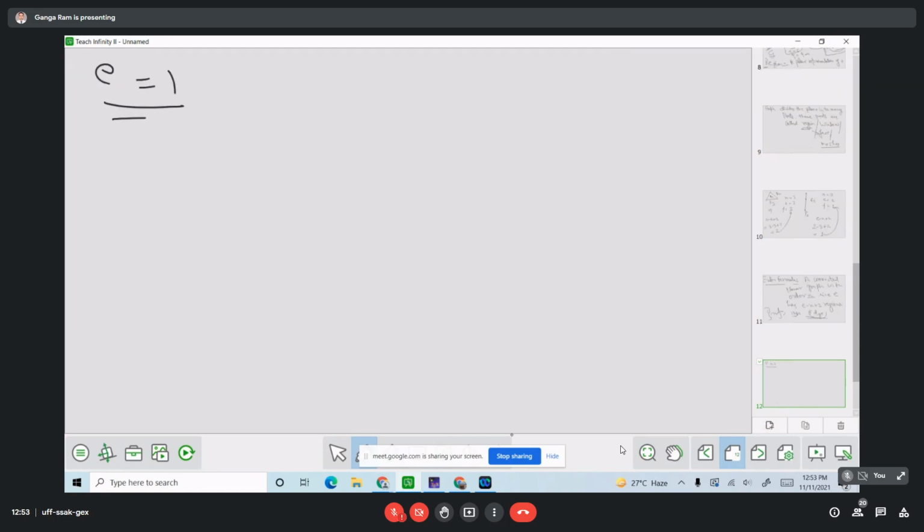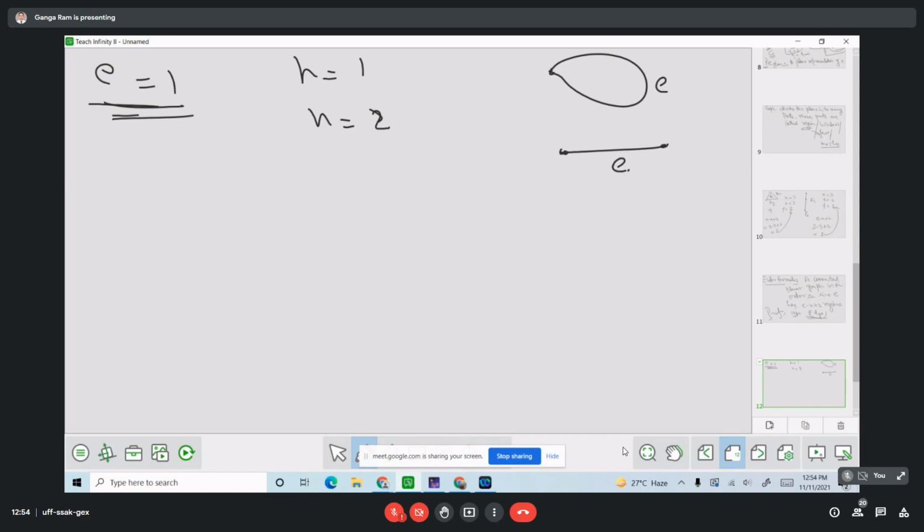Suppose E is 1. So what are the possibilities for the vertices? If E is 1, then n will be 1 or n equal to 2, like this way and like this way. Clear? In both, the edge is 1.